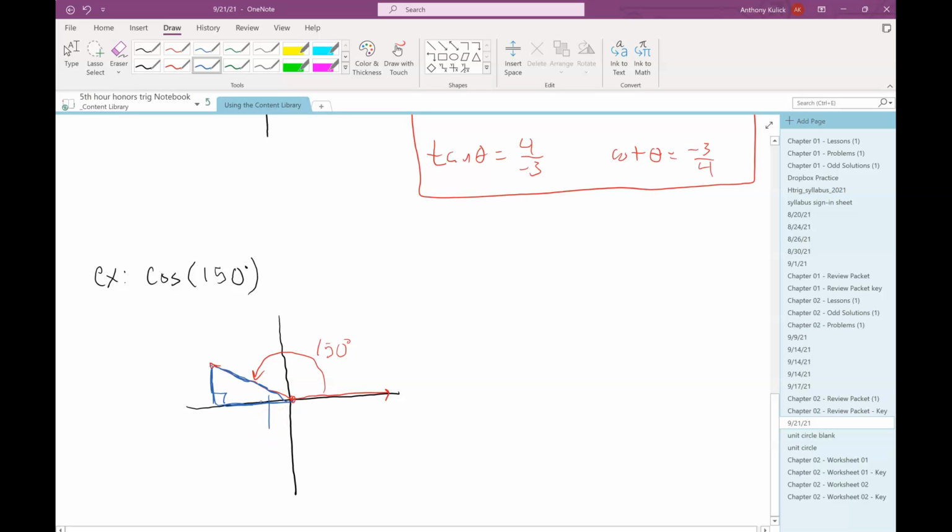Now, what does the reference angle value have to be for this triangle? Mia? 30 degrees. How did we know it was going to be 30 degrees? Well, a straight line is 180 degrees. We've gone 150 already. That gives us 30 left to go.